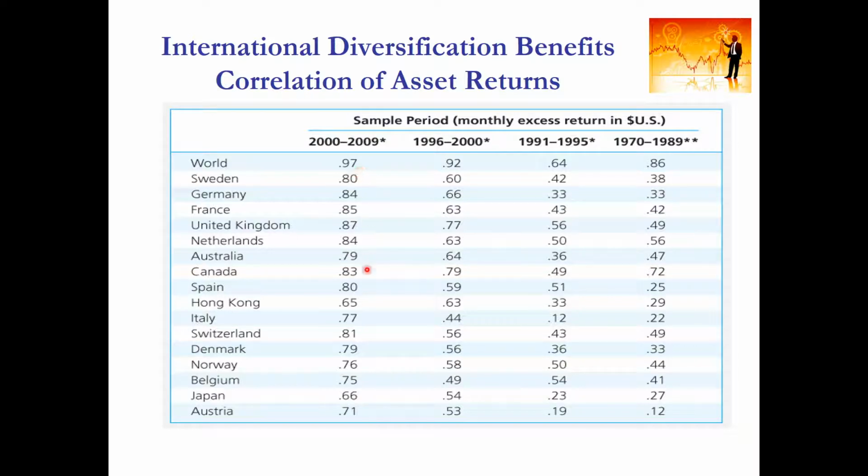For example, with the Australian market, the correlation coefficient between 1970 to 1989 was 0.47, between 1991 to 1995 it was 0.36, the second half of the decade was 0.64, and from 2000 to 2009 it was 0.79. So we can see that there is still some diversification benefit left as we invest globally.